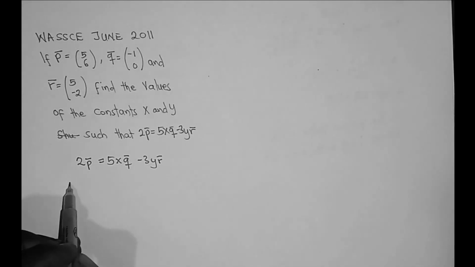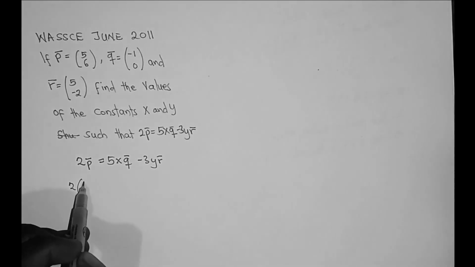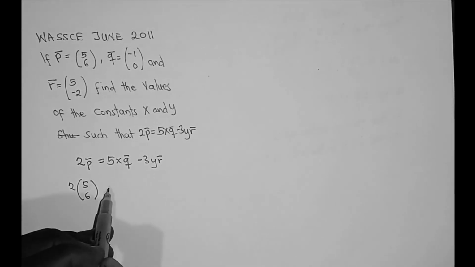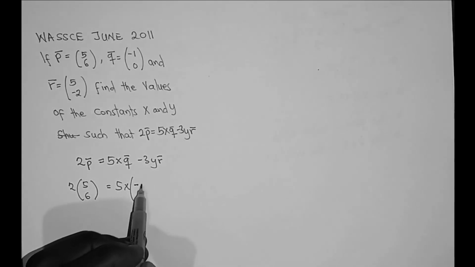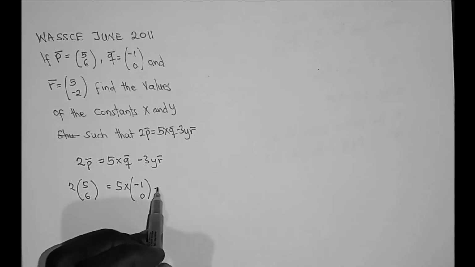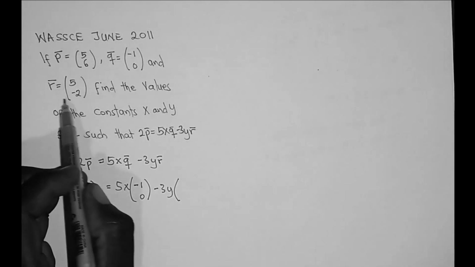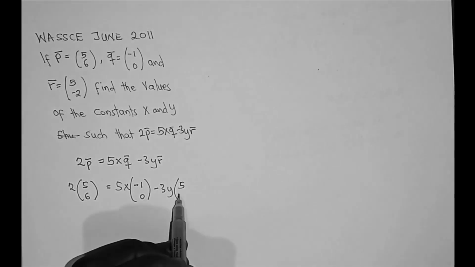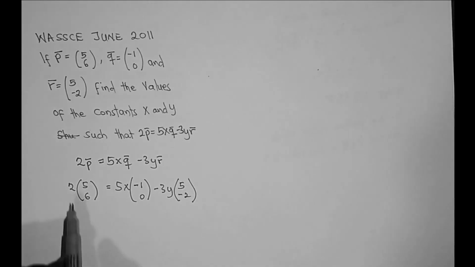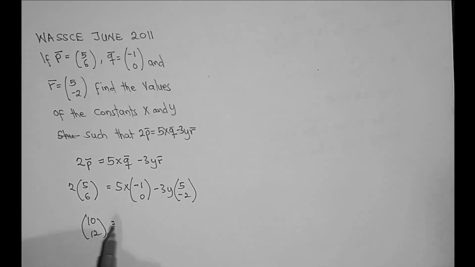So 2 times p, a column vector (5, 6), is equal to 5x times q, a column vector (minus 1, 0), minus 3y times r, a column vector (5, minus 2). So let's go ahead and multiply. 2 times 5 is 10, 2 times 6 is 12, equals 5x times minus 1 is minus 5x.